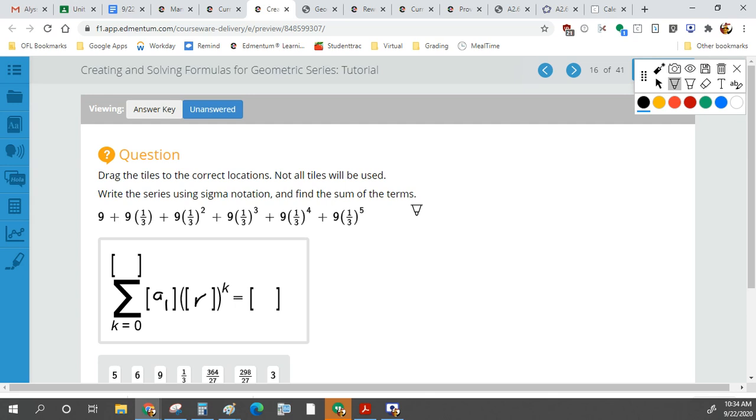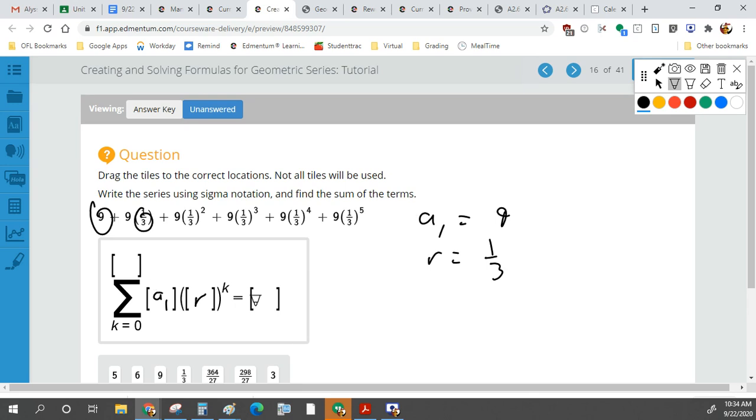You can thank Nelson for that one. So what's our a sub 1? Well, our a sub 1 is 9. Our r, now I'm going to start speaking like a pirate, thanks Nelson, our r is 1/3.